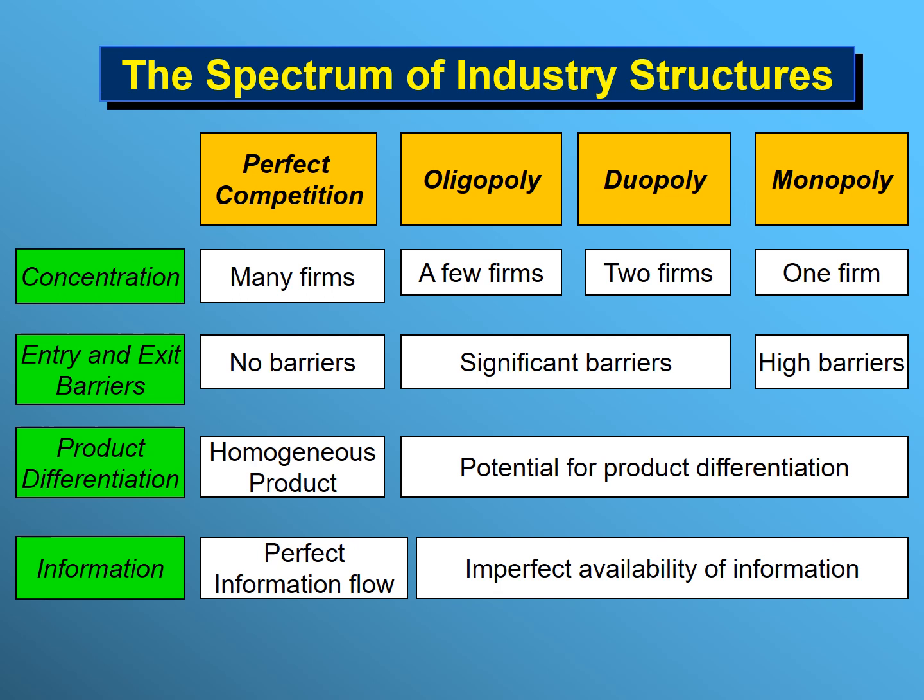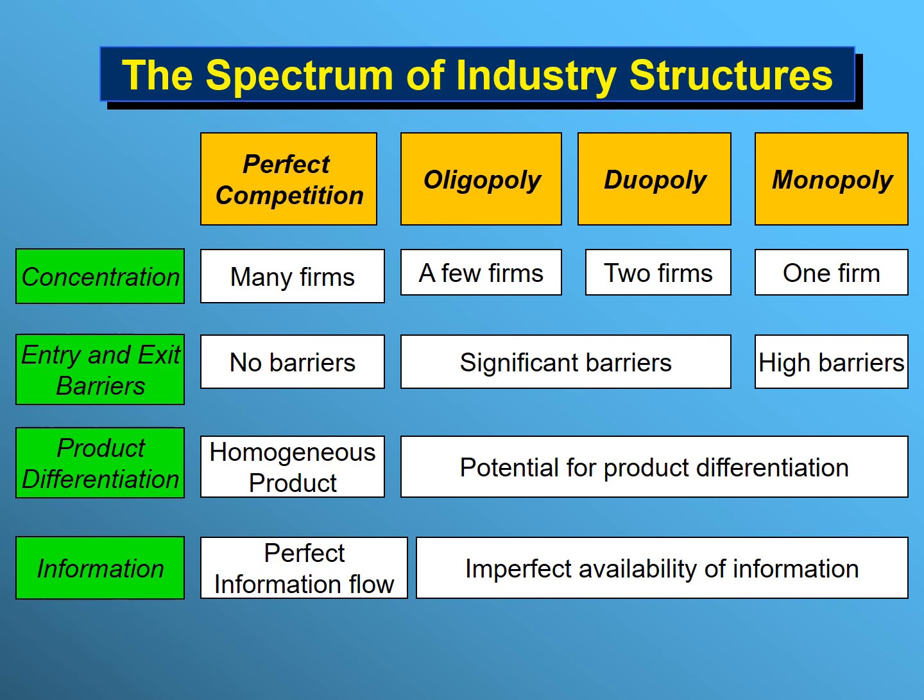In the oligopoly, there are fewer firms and significant barriers to entry and exit are there. The products may be differentiated or slightly homogeneous. Imperfect availability of information is there.